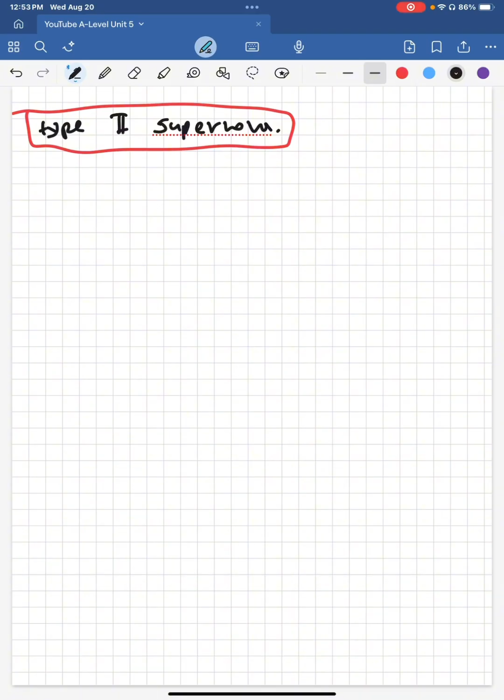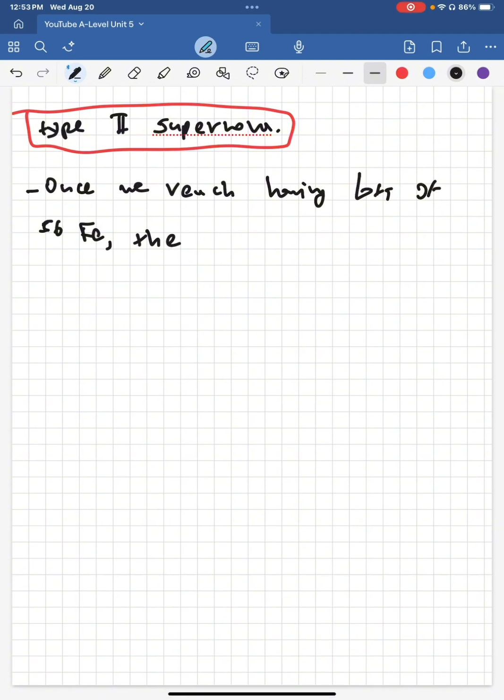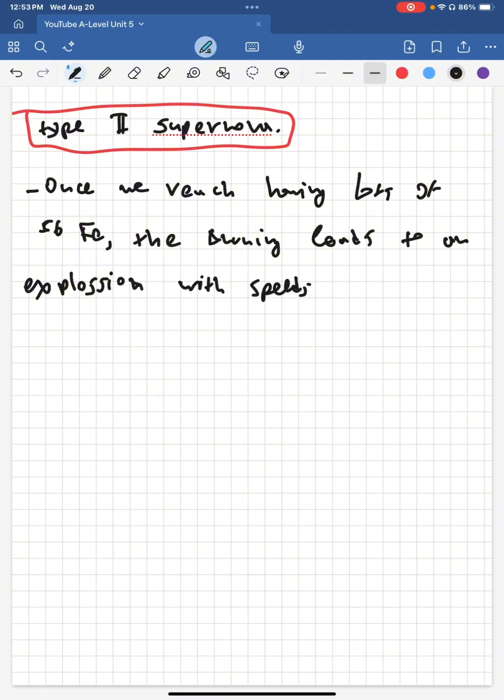But in the case of a red supergiant, let's write this down, once we reach having lots of iron 56, the burning leads to an explosion which is violent with speeds of about 0.1 c. So 10% the speed of light. That's significant, guys. That's a lot of speed. Okay.